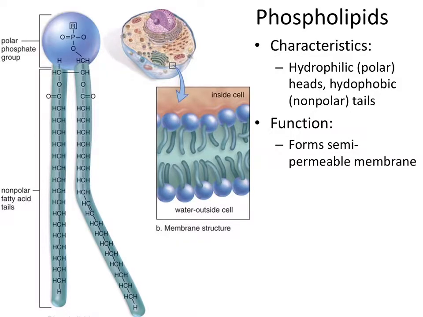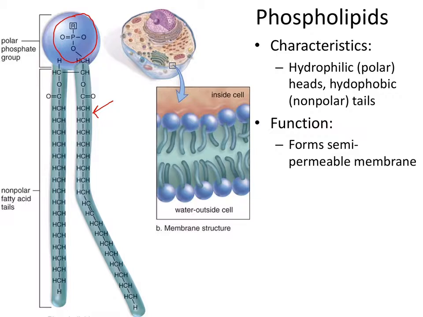The plasma membrane is composed mainly of phospholipids. The structure of phospholipids consists of a hydrophilic head group that contains a phosphate group, as well as two hydrophobic fatty acid tails. This difference in charge across the structure helps with the orientation when forming the plasma membrane.